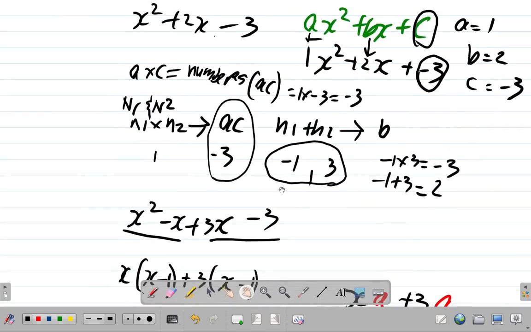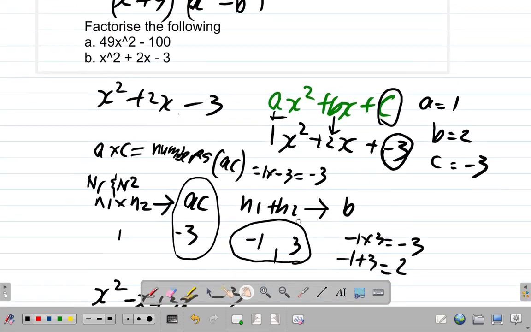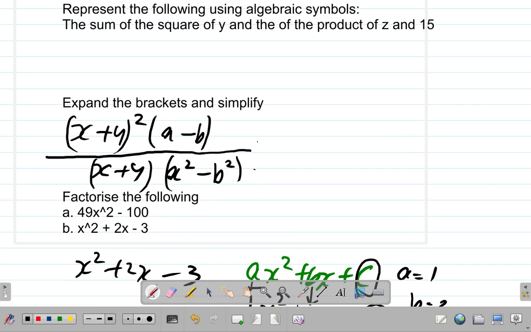Let's backtrack a little bit. Earlier, we factorized this, and we said it was, what was it again? a plus b, a minus b. Suppose you should use the AC method on this. What would that look like?